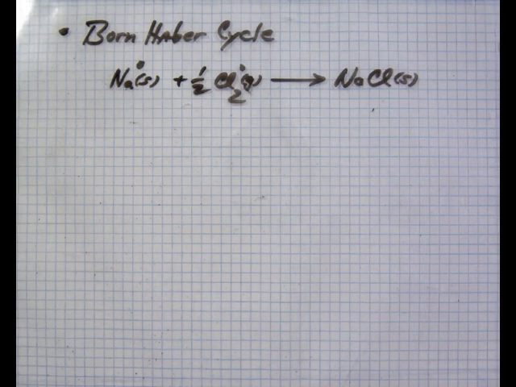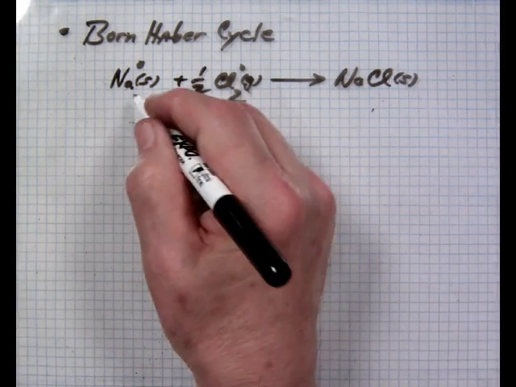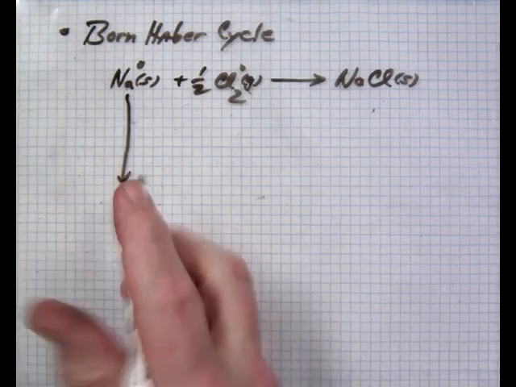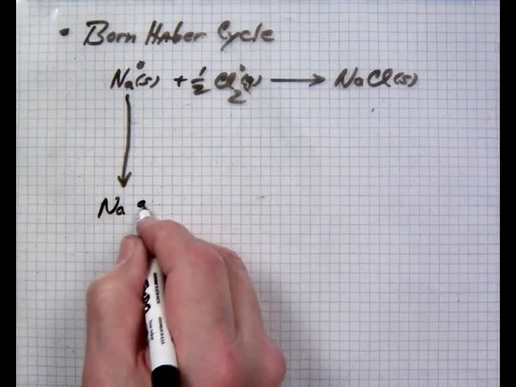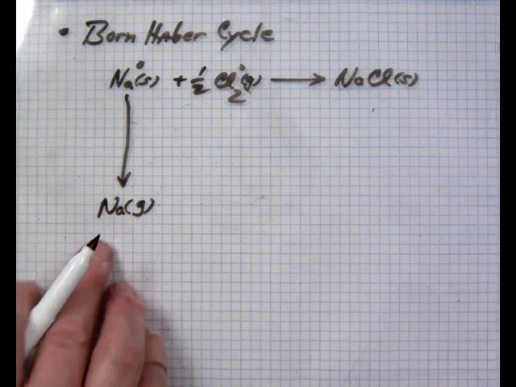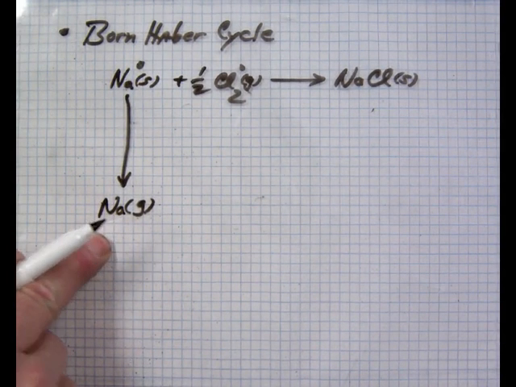Well, ions are formed from gas phase. This is solid phase. So before we do anything, we convert this sodium into sodium in the gas phase. Going from solid to gas, that's sublimation. That's going to be an endothermic process, and I will show you in a minute what the numbers are.